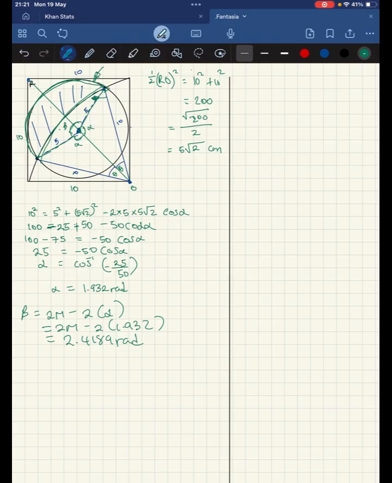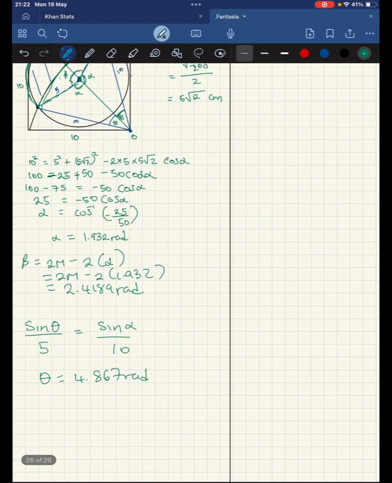Right, okay, well, I know this and I know that. I know this and I don't know this, but I know that. So we can use sine of theta is opposite over adjacent. 5 is equal to sine of alpha over 10. Right, you do your calculations, you get theta is equal to 4.867 radians, right? Then we have to go to our segments, right?